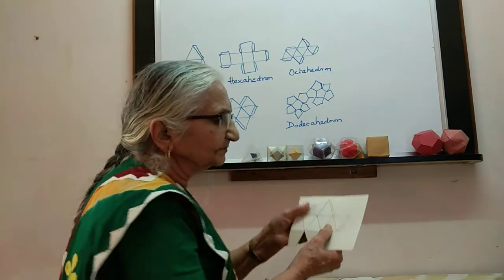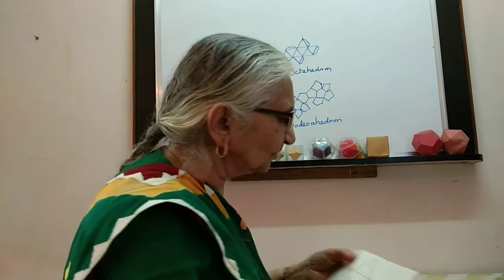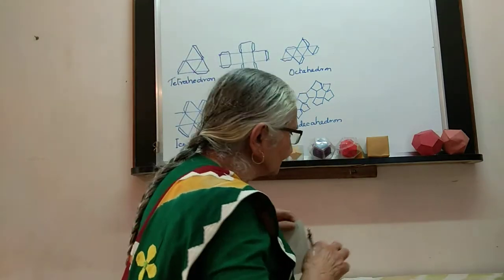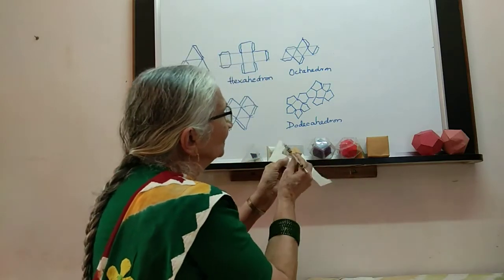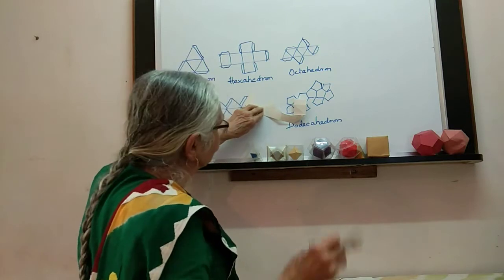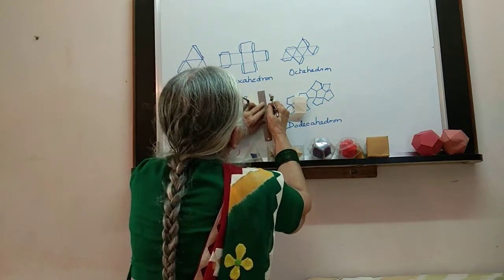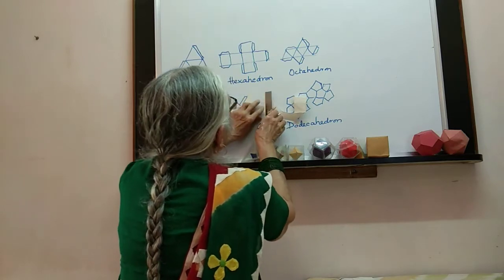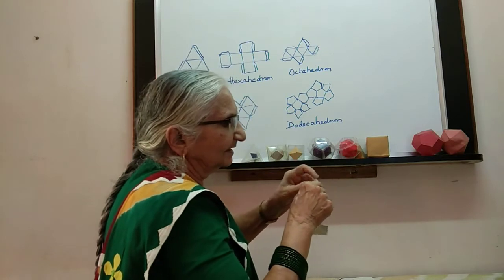Now in this net, once we take the net, we have to score. And how do we score? Well, we score like this. Suppose I want to fold over here. Wherever I want to fold, with the end of the compass, I will draw this line. We call it scoring.